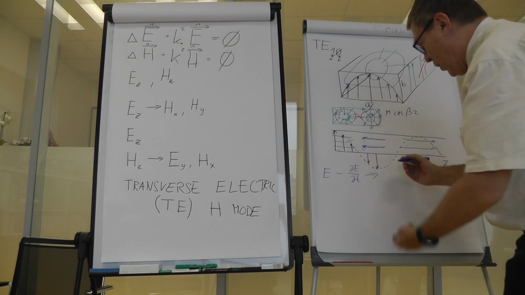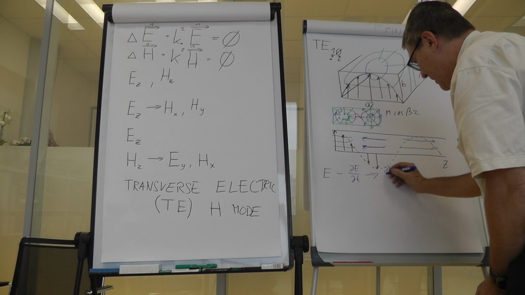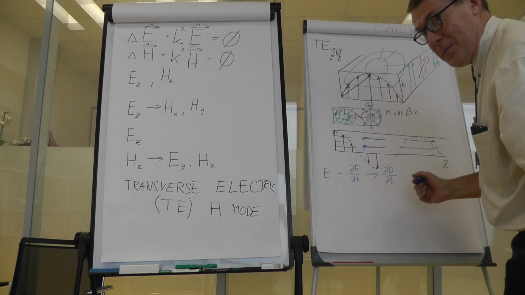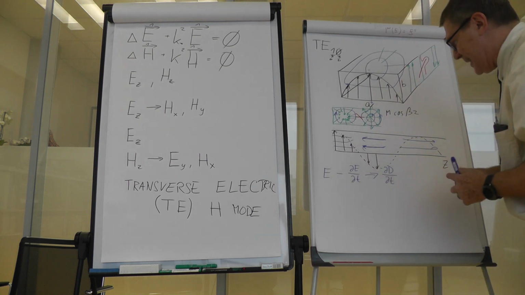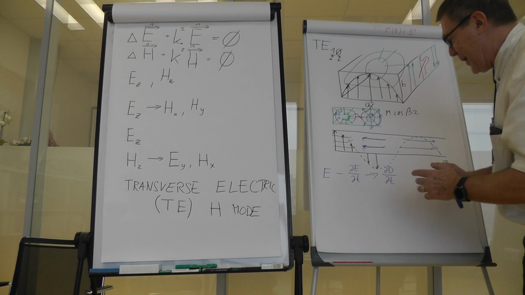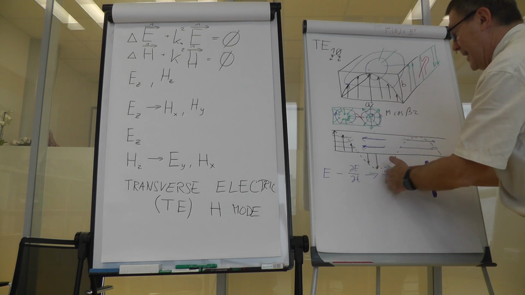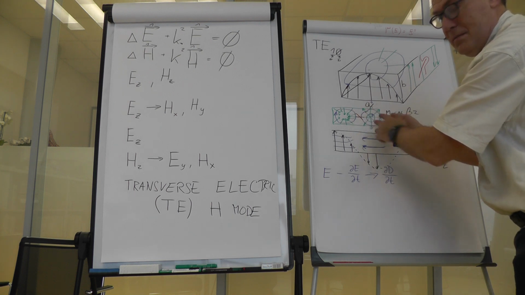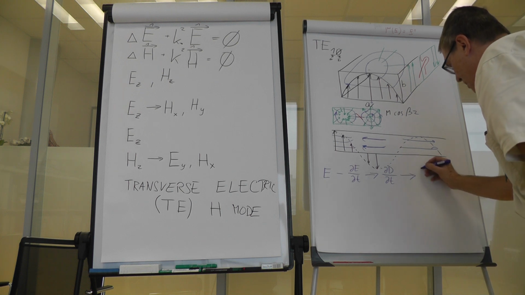And this, of course, means that there is a time change of the electric flux density. But a time change of an electric flux density is called a displacement current. And the displacement current creates magnetic field. So this gives rise to magnetic field.